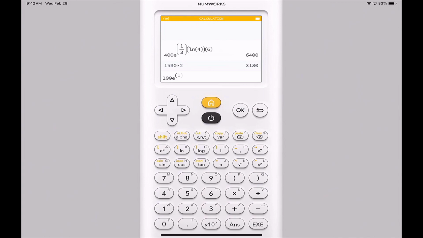Parentheses 1 divided by 1590. Natural log 1/2 times, what was it, 1,000? The heck? I put something wrong?